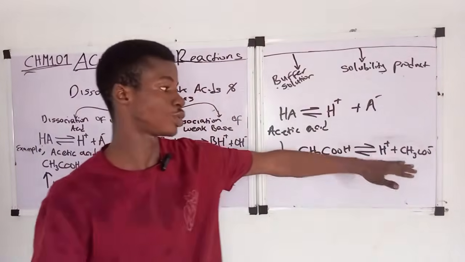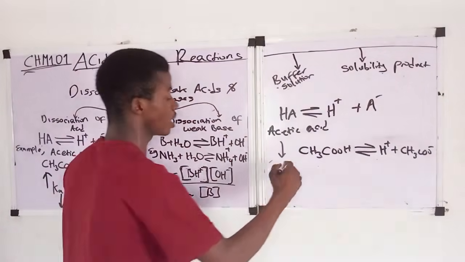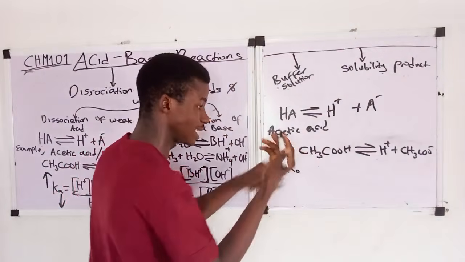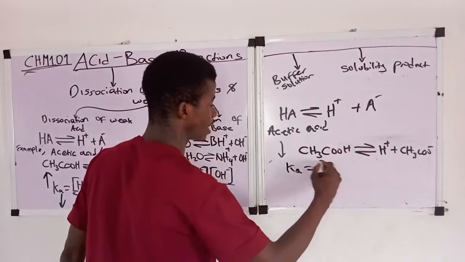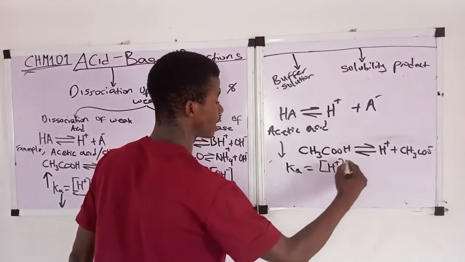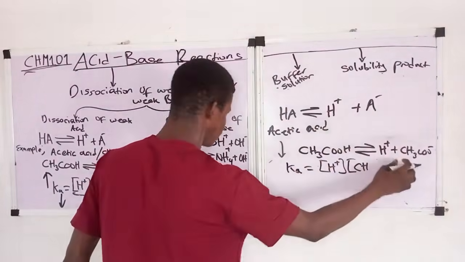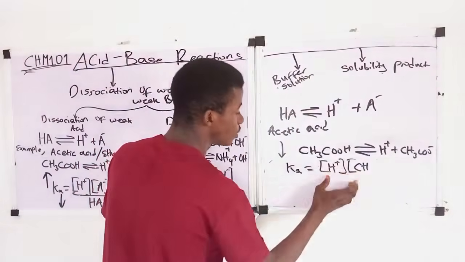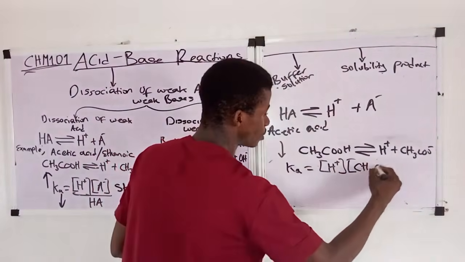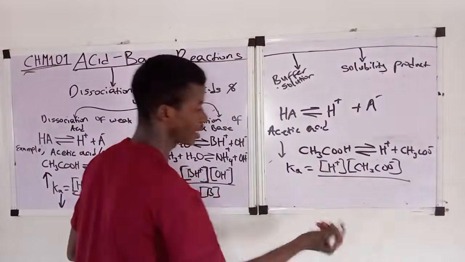Remember, it's usually the product up and the reactant down. So Ka is equal to the concentration of the product, divided by the concentration of the reactant.